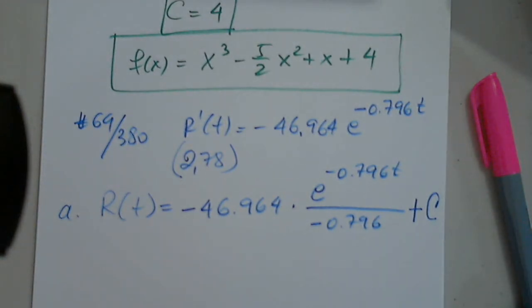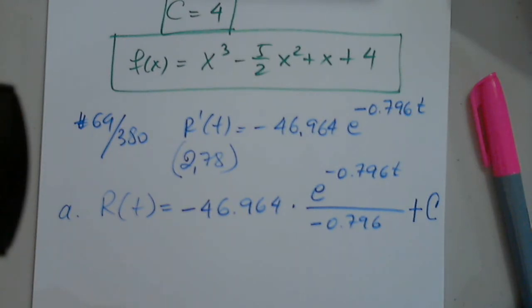So I'm going to share my screen. You don't need this. You can just give me the number. If not, I will do it. So it's 46.964 divided by 0.796. Okay, let's see what we get.